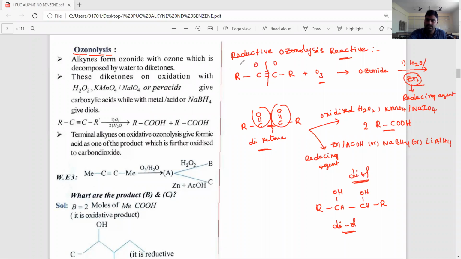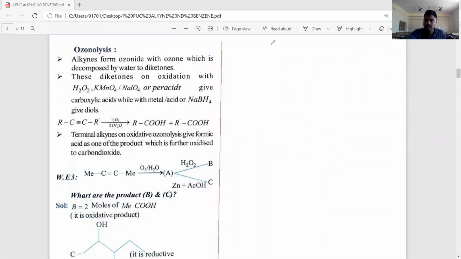Okay, students, listen carefully. Once again, the ozonolysis reaction. For example, carry it out with ethyne, CH triple bond CH. First, treat this ethyne with ozone.